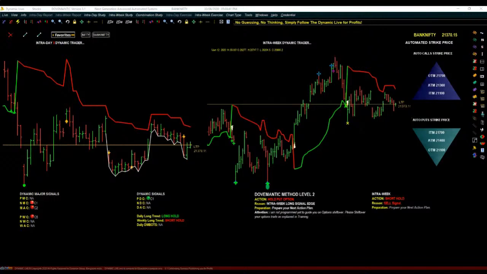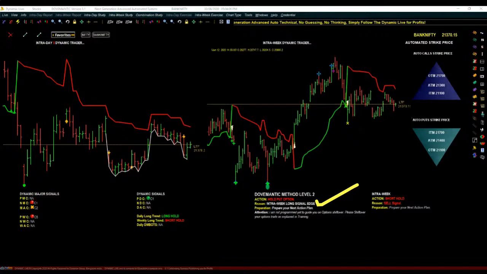If it is a zigzag, it will be very clearly written here as ID3 zigzag, meaning intraday 3 zigzag, or it will be written as intra-week zigzag. So wherever the zigzag appears, either in the intraday 3 chart or in the intra-week chart, it will be very clearly mentioned in the reason. Then you will know that this symbol is a zigzag caution. That is the way very easily you will be able to identify it.